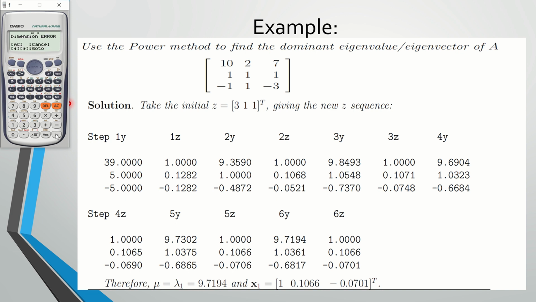Still giving error. Why am I making an error? Where did I make error? I basically want to show how to do these iterations directly.